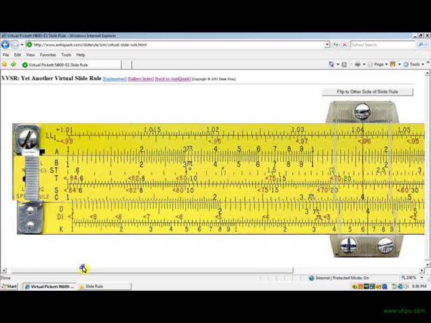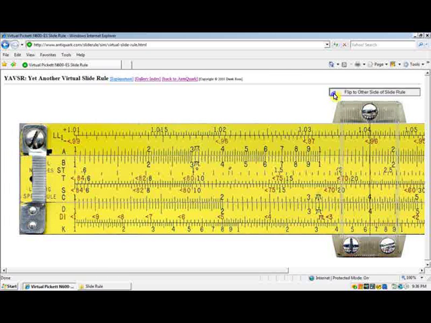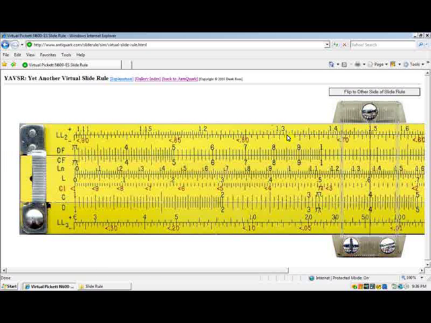Let's go ahead and flip this slide rule over, and we'll take a look at this other scale up here you may have noticed before, LN. The LN scale isn't quite as versatile as the L scale. You can't read as many numbers off of it because the L scale is a base 10 number system, but natural log is base e.